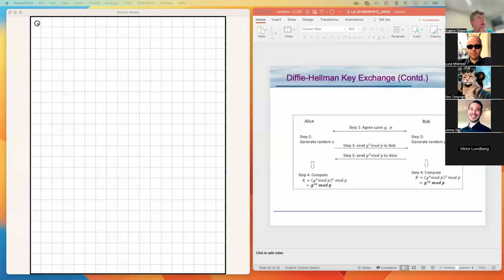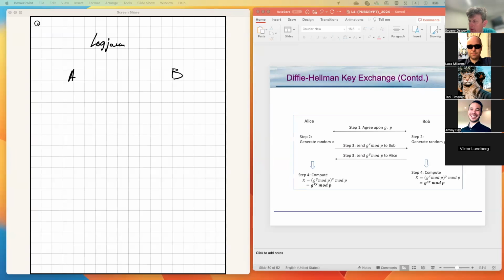Just a quick comment. Indeed, Logjam is one of the possible attacks. It also belongs to the general class of man in the middle. So you have Alice and Bob participating in the exchange.